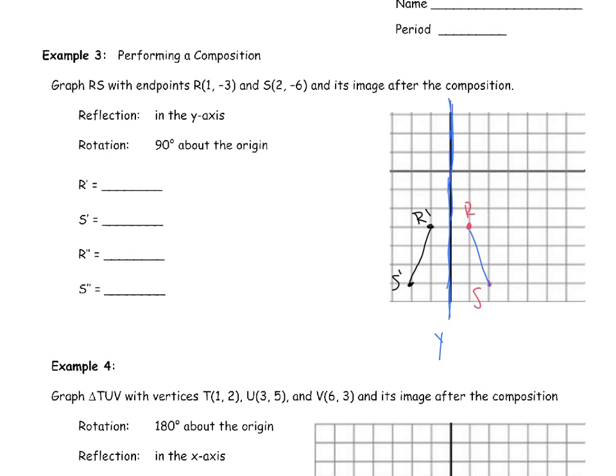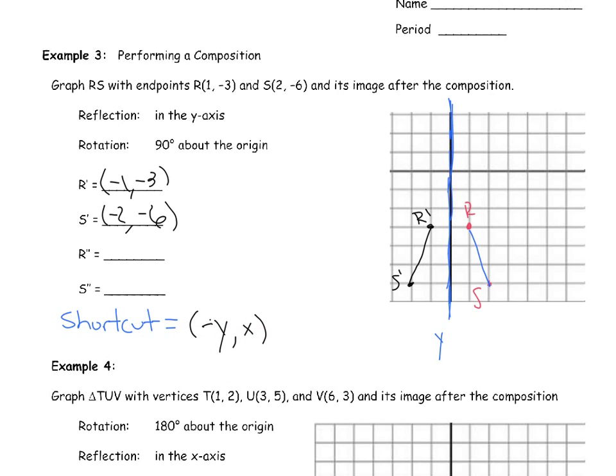Those points are negative 1, negative 3, and negative 2, negative 6. So to do the rotation, we need to utilize our shortcut, which is negative y comma x.